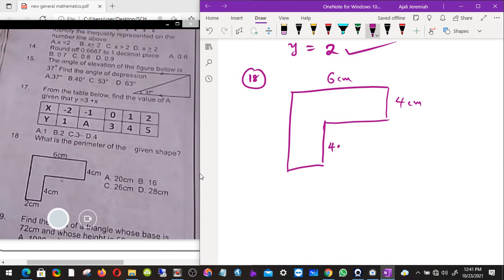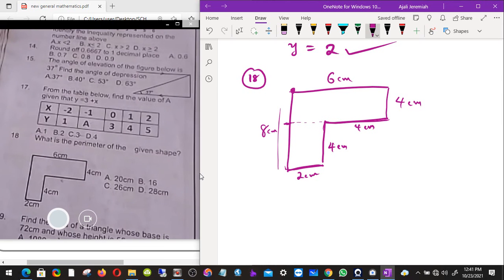Here is 2 centimeters. Now if this is 2, what will be here? Because 2 plus 4 will give you 6 here, right? And if this is 4 and this is 4, what will be here? 8 centimeters.